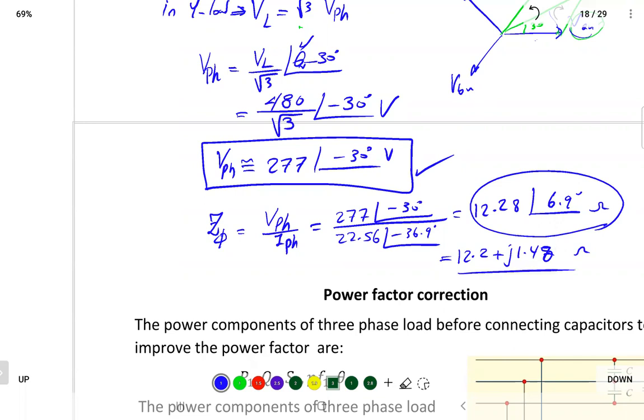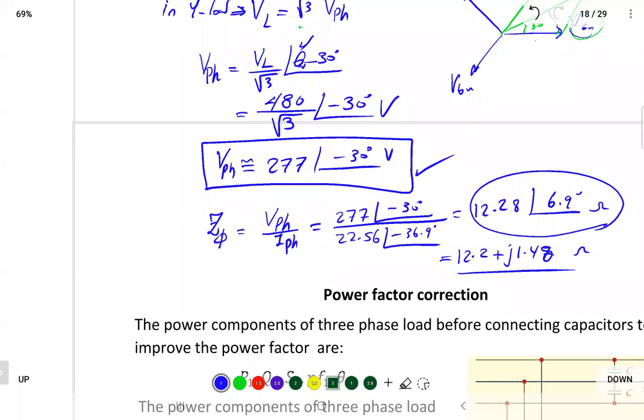So the load consists of a resistance in series with an inductor. The resistance is equal to 12.2 ohm, and the inductive reactance is equal to 1.48 ohm. That will be that.